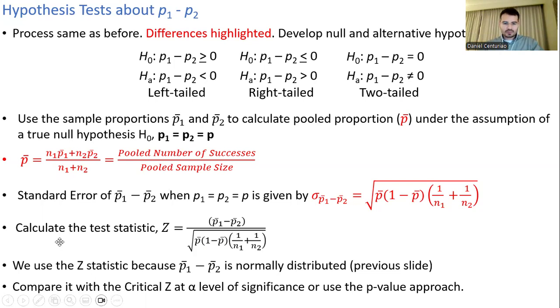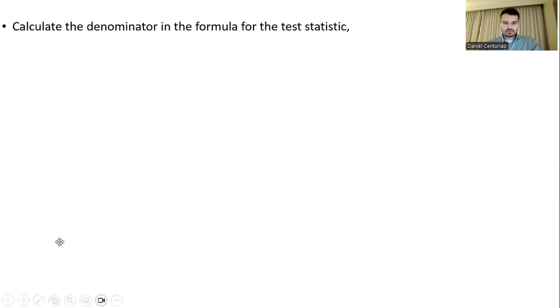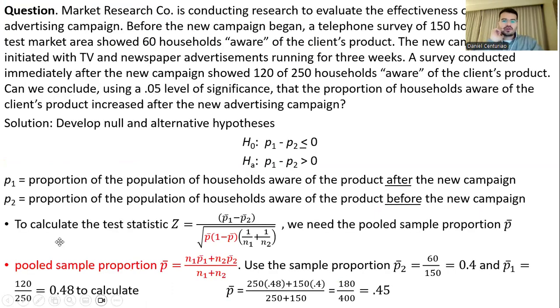Let me move to the next. So here's one exercise for proportions. Basically, we have a company that's conducting a test to evaluate the effectiveness of a marketing campaign on groups of clients.